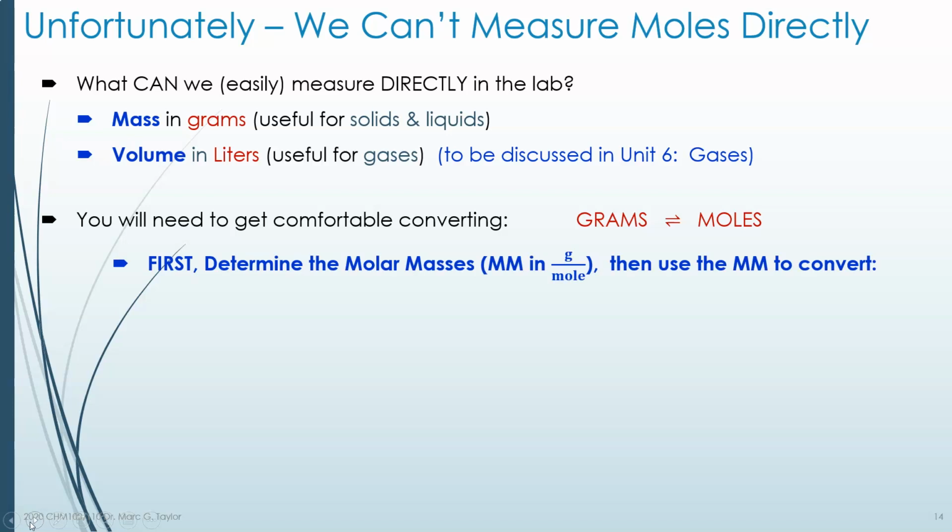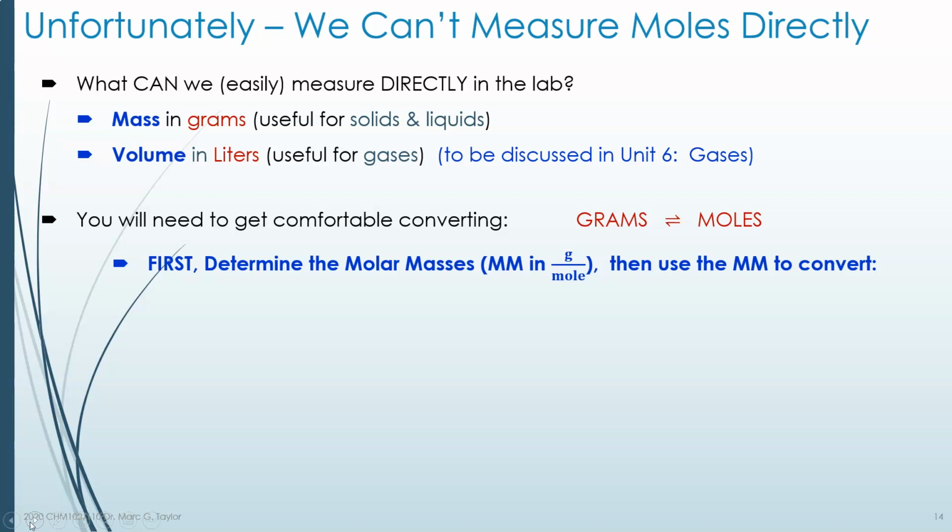And every single substance will have its own molar mass. So unlike before when we were using Avogadro's number to convert number of molecules or formula units or atoms to moles, there you can use one conversion factor for everything. Avogadro's number works for everything.